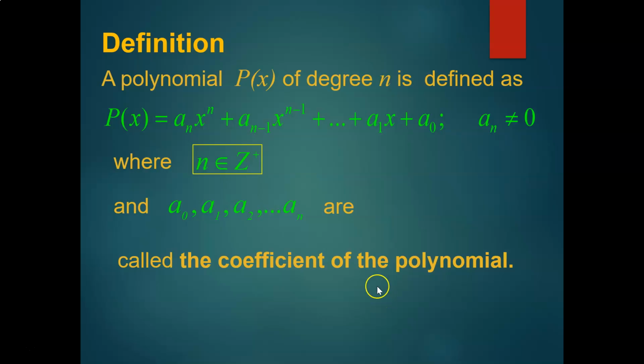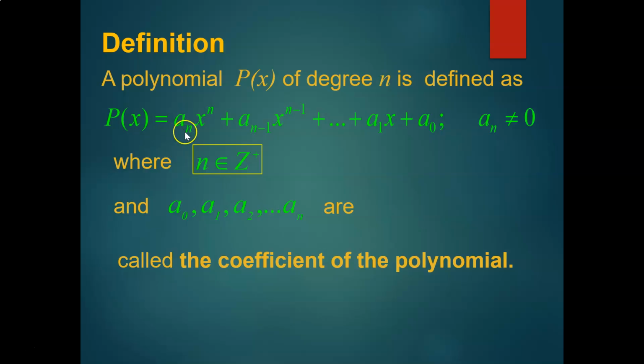A polynomial, usually denoted as capital Px of degree n, is defined as, dia kata dekat sini, sebuah polinomial Px dengan degree n maksudnya dia punya kuasa n tu, kita boleh define sebagai this equation.